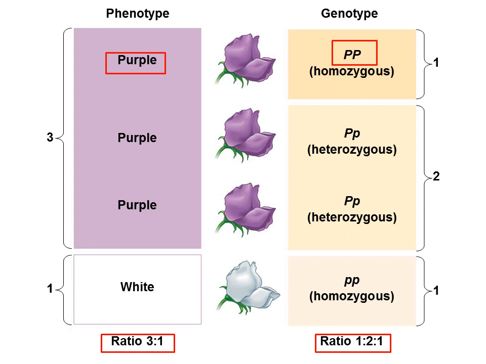If I asked you for the phenotypic ratio, it should be 3 purple versus 1 white. If I ask you for the genotypic ratio, it will be 1 big P big P, 2 big P little p's, and 1 little p little p. If I ask you for just the ratios, then you would say 3:1 or 1:2:1.